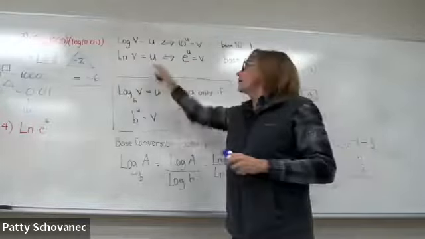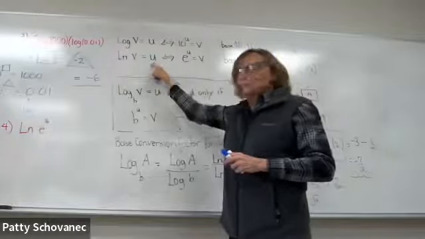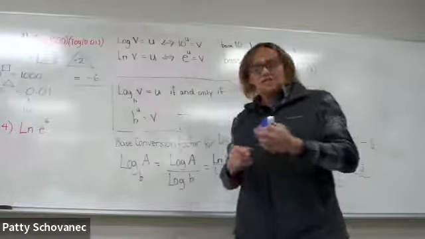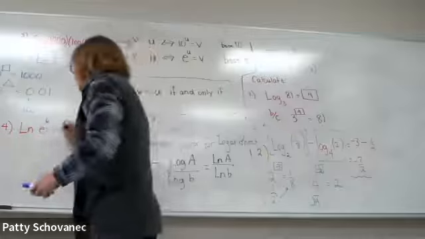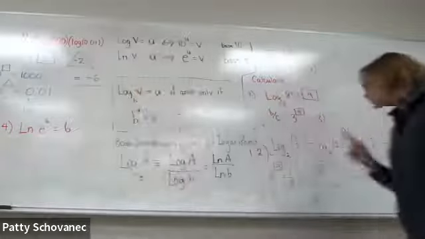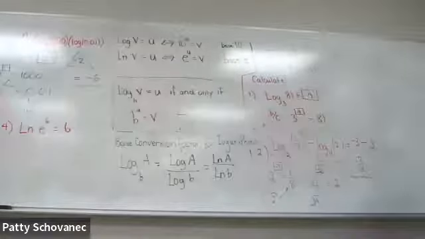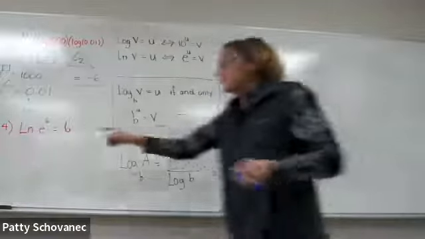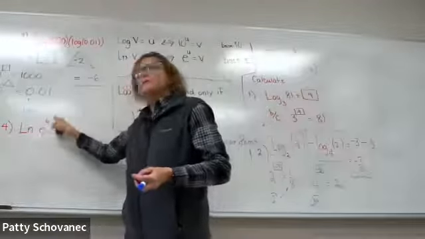So what am I looking at? It's just 6. Now, the reason that this is just 6 is that these functions are inverses of one another. Remember that I wrote that a raised to the logarithm base a of any number is that number. And if I had it the other way, a logarithm base e of e to a power is always the power.